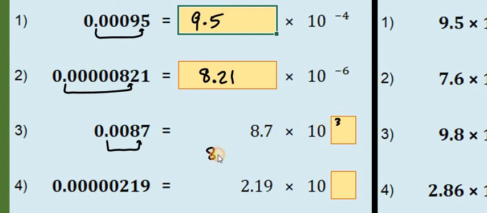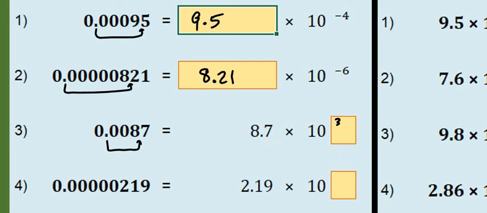Because if we have 8.7 times 10 to the 3rd power, it will be 8.7 times 1,000, which means we're shifting the point to the right. And we do not want a number greater than 8.7. We need a number less than 8.7. And if you look at what we have, 0.0087, it is much less than 8.7.